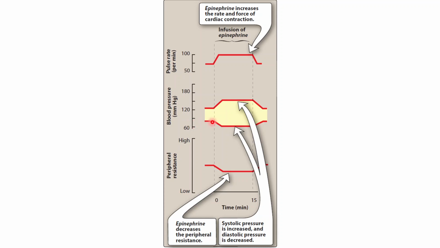This is a beta 2 effect, and that is why the diastolic pressure is decreased.